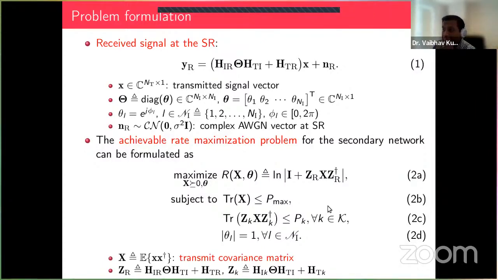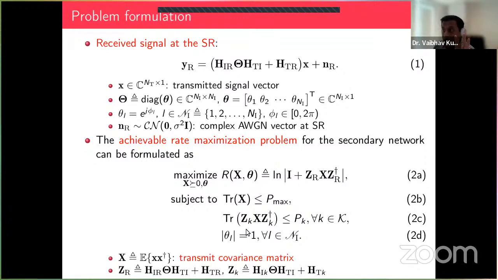Here we do not take all of these constraints into the objective. We only take the constraint that is most challenging, 2C, where the coupling is there. We take that constraint into the objective and remove it from the constraints. The good thing is that now we have coupling between the variables only in the objective, and all of my constraints are decoupled.